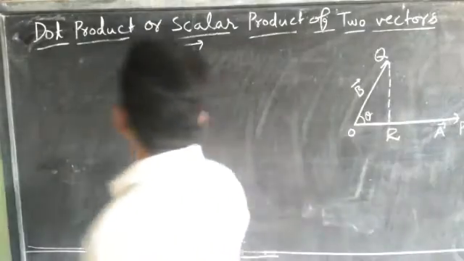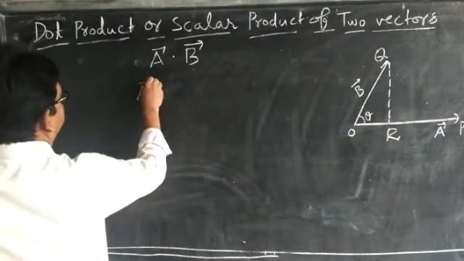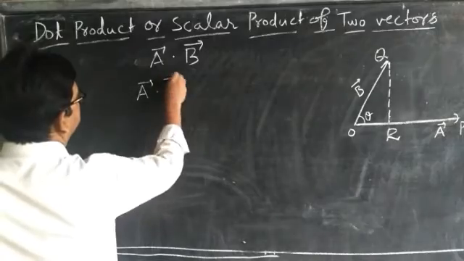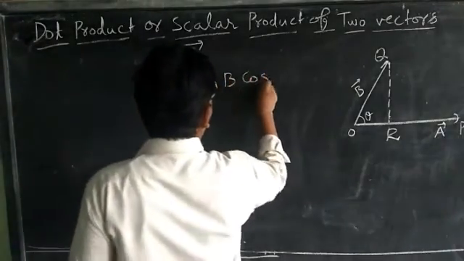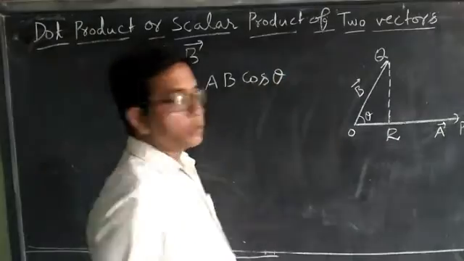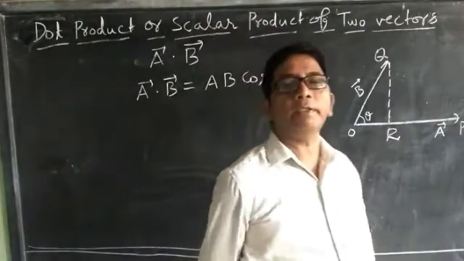That is, we can write vector A dot vector B is equal to AB cos theta, where theta is the smaller angle between them.